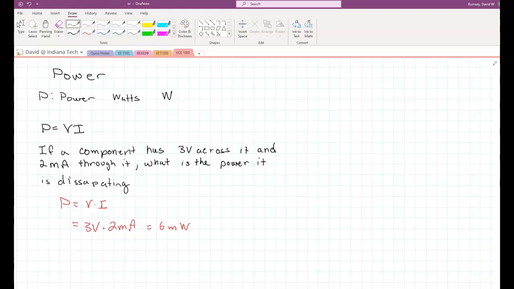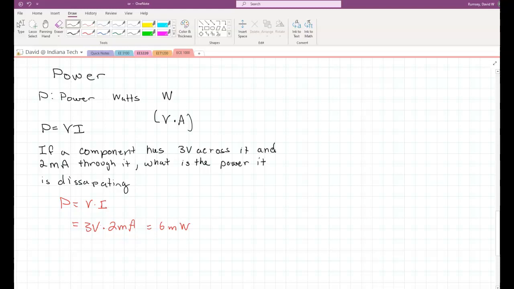Now, a watt is actually a volt times an amp. So if I think about this, I have volt and amp here, so those units multiply together and give me watts.